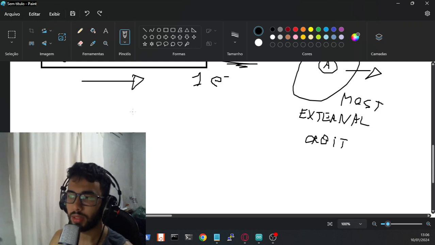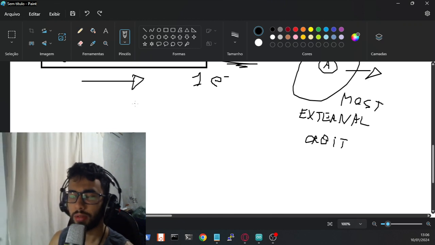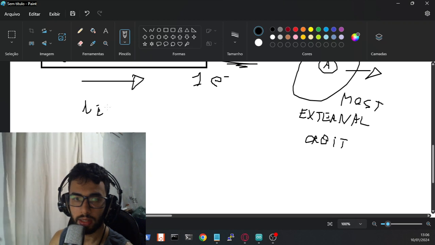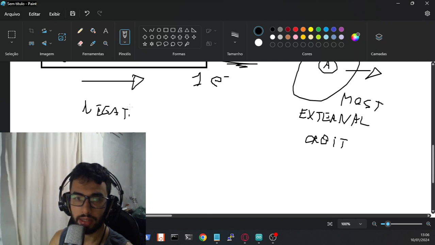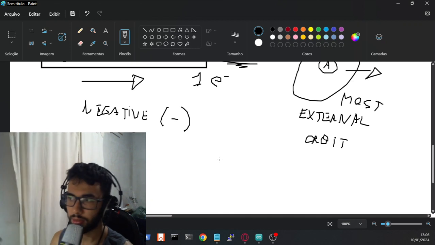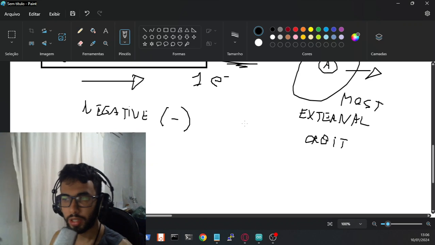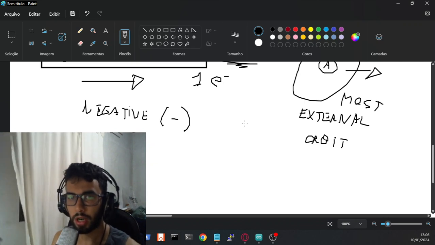Remember that the sign of the charge of an electron is negative. So when you work with electricity, we are working with negative charges.